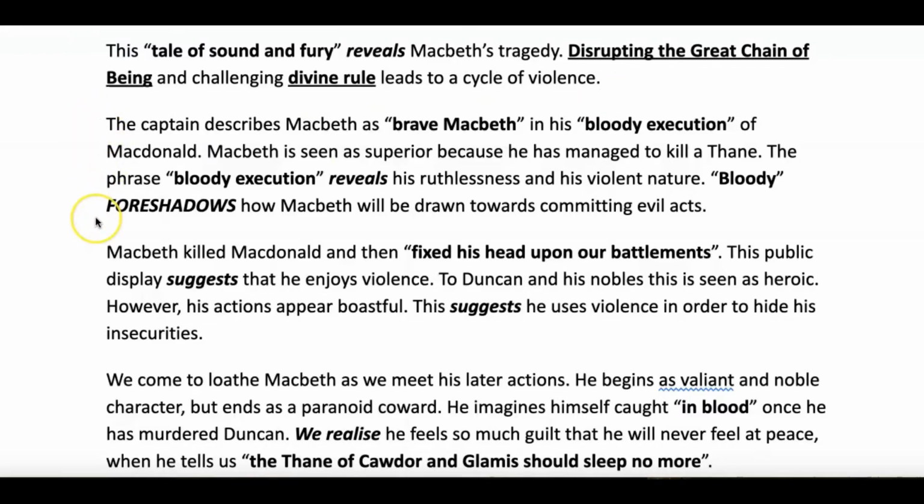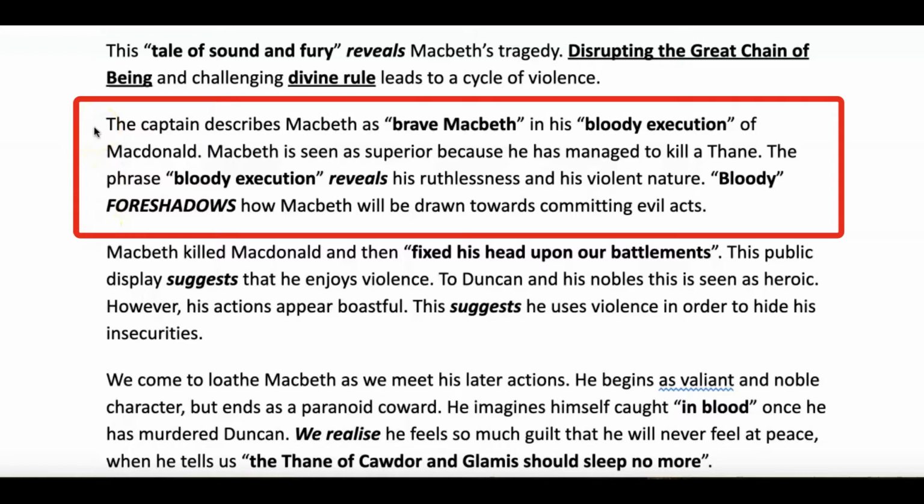Now the student dives into the extract. "The captain describes Macbeth as 'brave Macbeth' in his 'bloody execution' of MacDonald. Macbeth is seen as superior because he has managed to kill a Thane. The phrase 'bloody execution' reveals his ruthlessness and his violent nature. 'Bloody' foreshadows how Macbeth will be drawn towards committing evil acts."